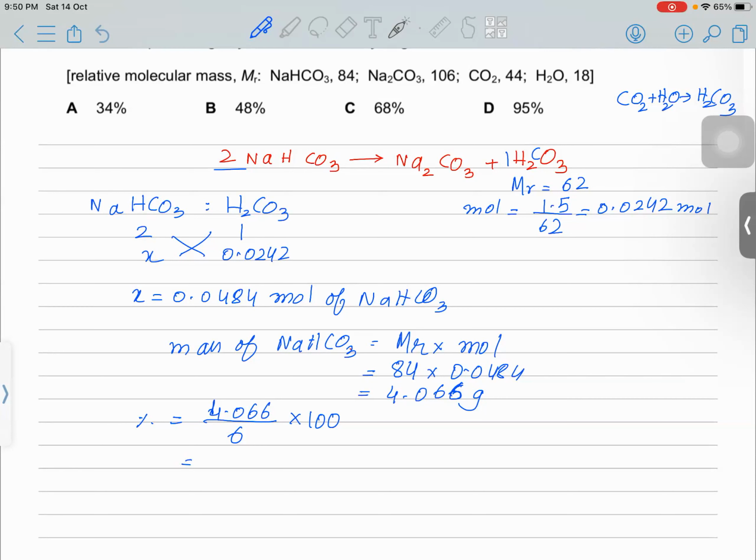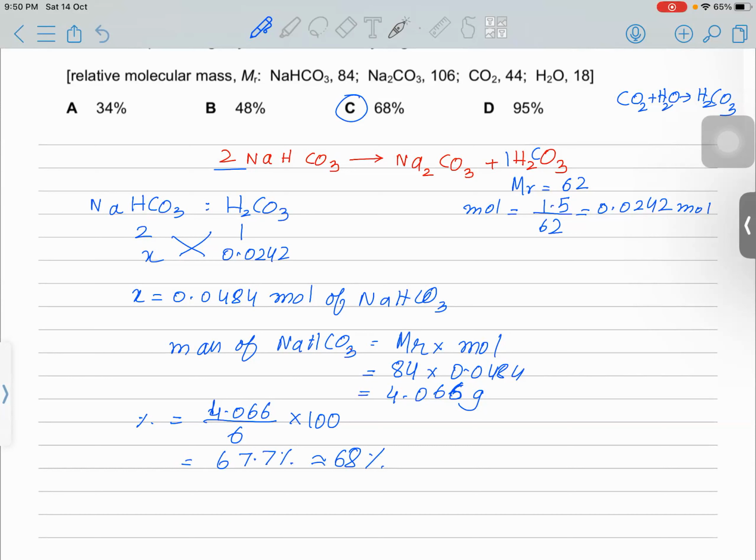So in this, can you tell me the answer? First of all, tell me the answer. Yeah, 67.77%. It means 68. Alhamdulillah, finally, we get the correct answer. C is the correct answer.